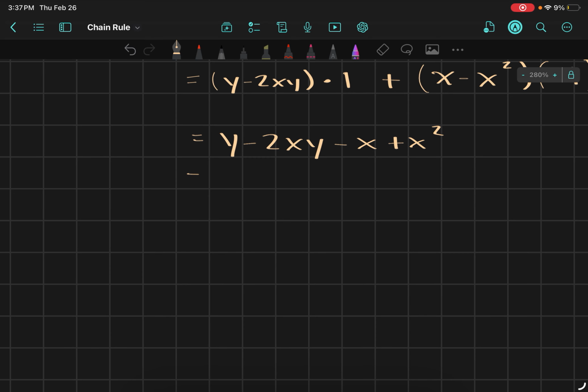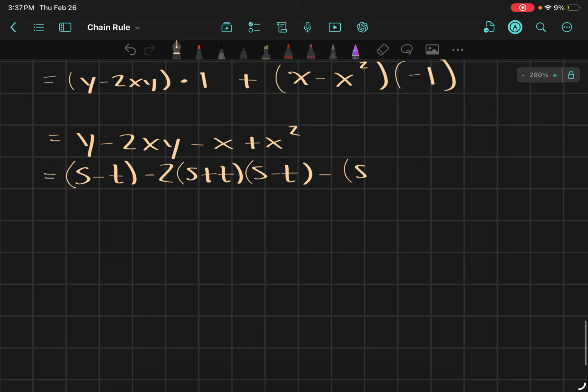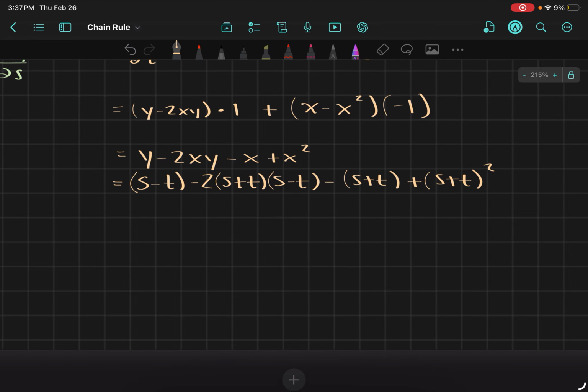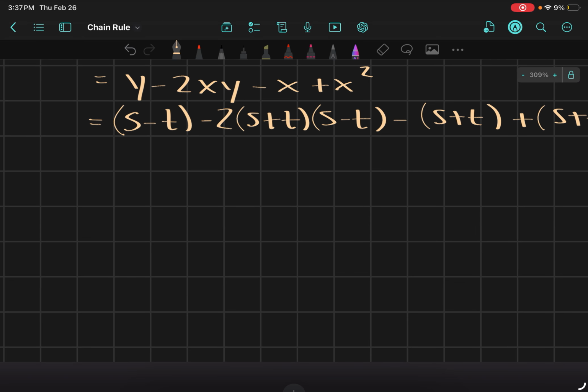So we have s minus t minus 2 times (s plus t)(s minus t) minus (s plus t) plus (s plus t) squared. This one is definitely going to be a little bit annoying to solve, but I'm confident that we can do it. So let's do it.